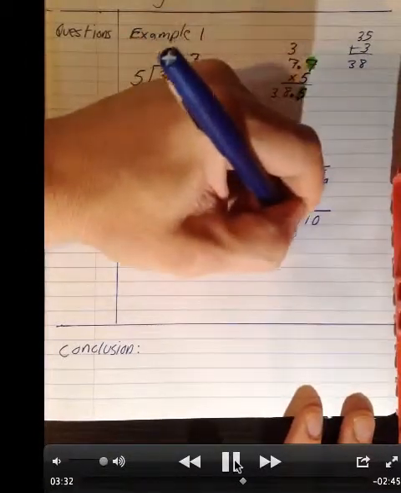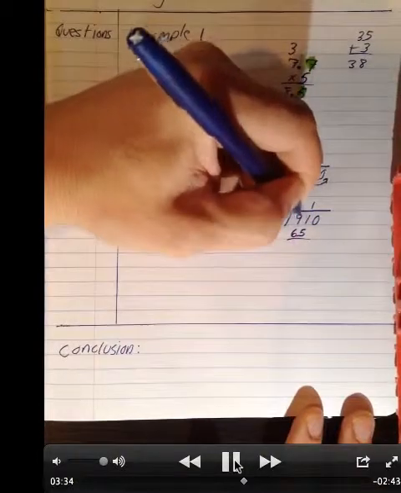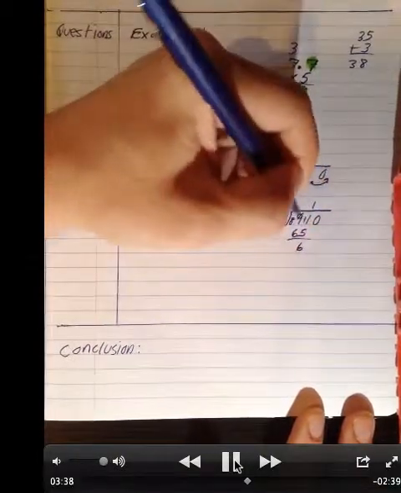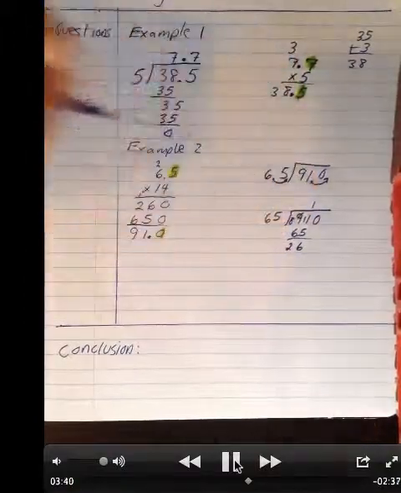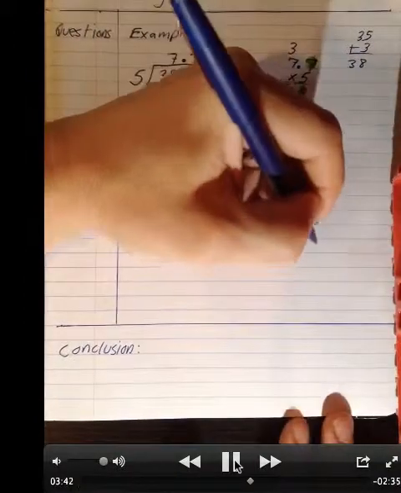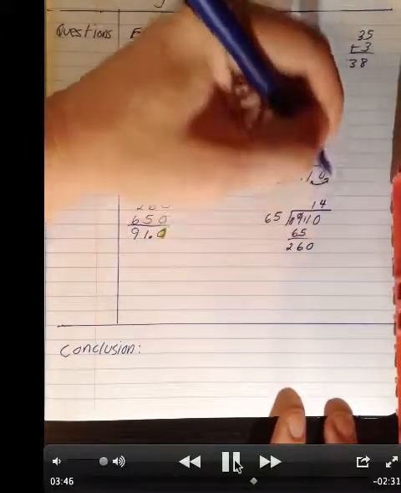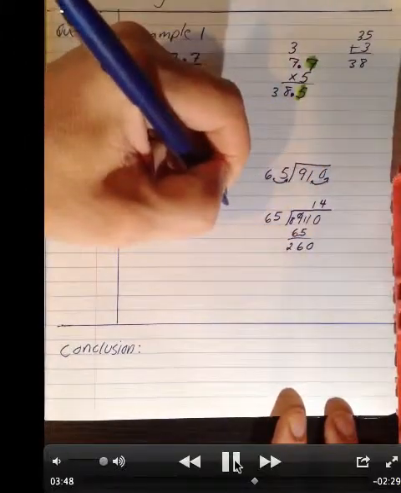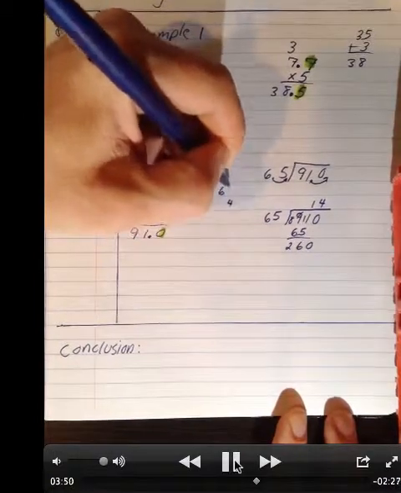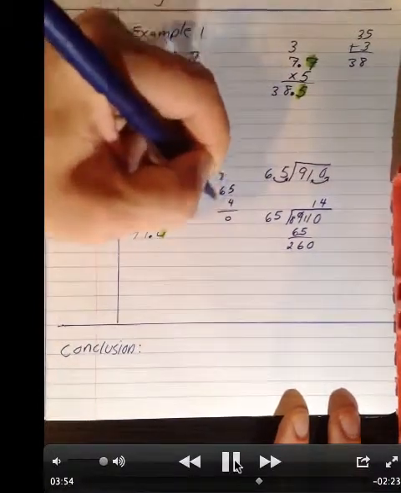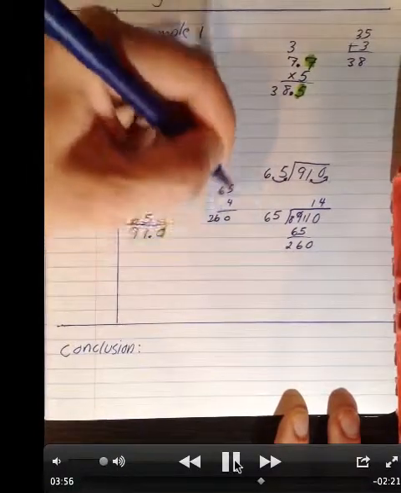65 goes into 91 one time evenly with 26 left over. We bring down the remaining 0, and 65 is going to go in to 260 4 times. To see that, we can do 4 times 65 is 260.